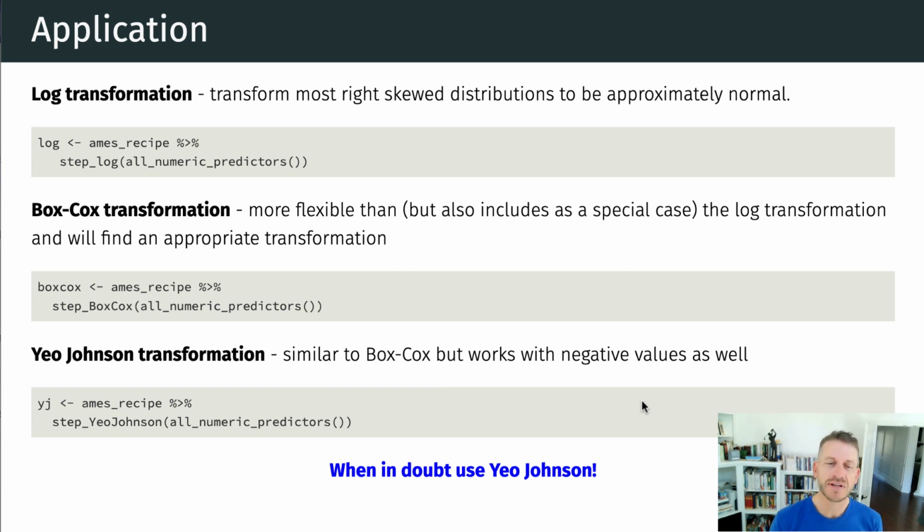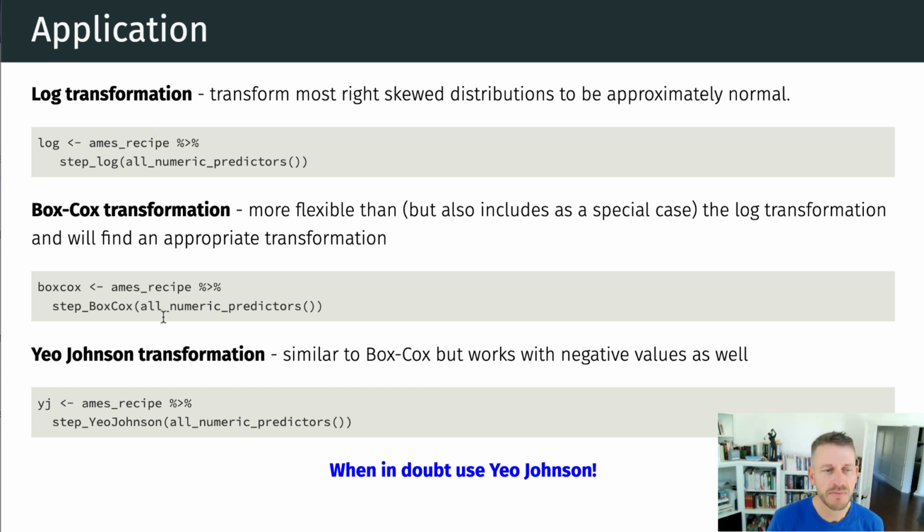This is a very similar transformation to Box-Cox, but it also works with negative values as well. So the way to think about this is Yeo-Johnson is a special case that will capture Box-Cox and log transformations. A Box-Cox transformation is a special type of algorithm that also includes log transformation. So you can kind of think about this as like a hierarchy.